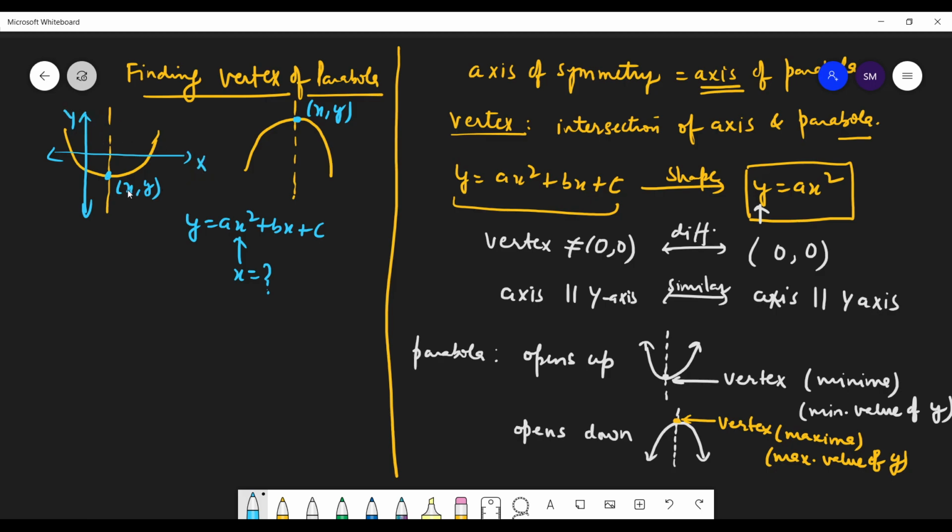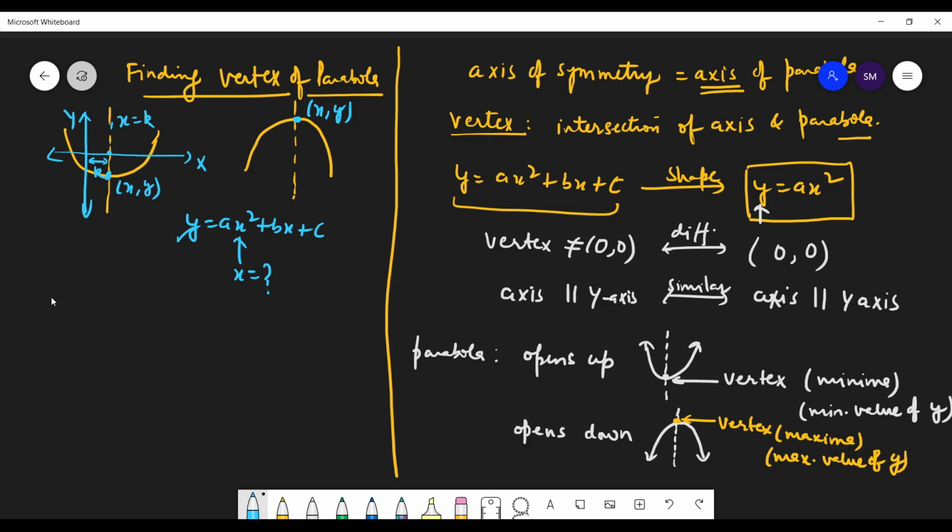X is constant along this axis of symmetry, so x equals some constant, say k. So x = k will be the equation. So find the value of x, then put it in the equation and you get the value of y also. Is this clear?